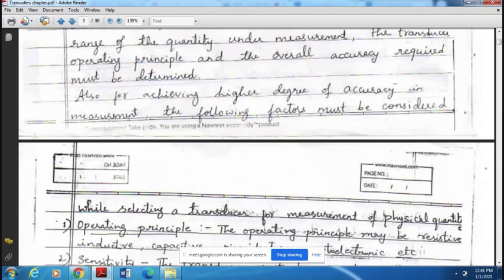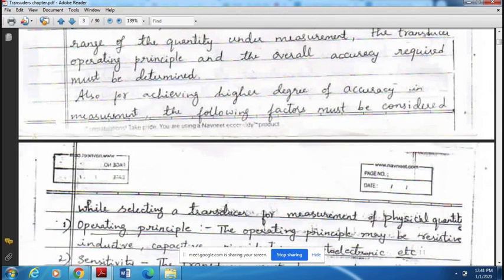The transducer must be highly sensitive enough to produce a detectable output. So even a very small output should be detected. Whatever transducer we select, it should be capable of sensing even a smaller change in the output. Okay, so we have to look into the sensitivity part. First, we look into the operating principle.